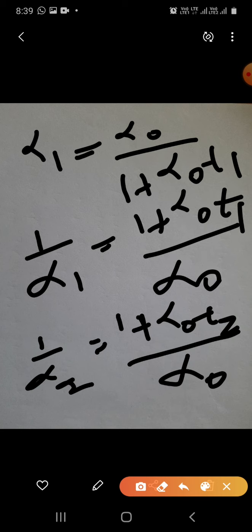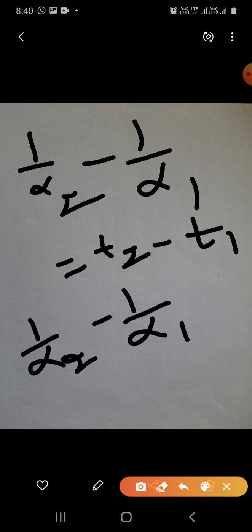So when you subtract 1 by alpha 1 from 1 by alpha 2, that is 1 by alpha 2 minus 1 by alpha 1, then we can write that it is T2 minus T1.